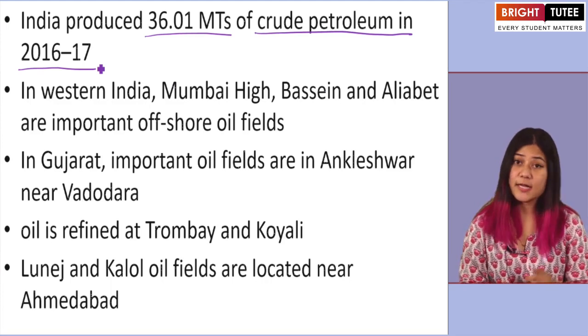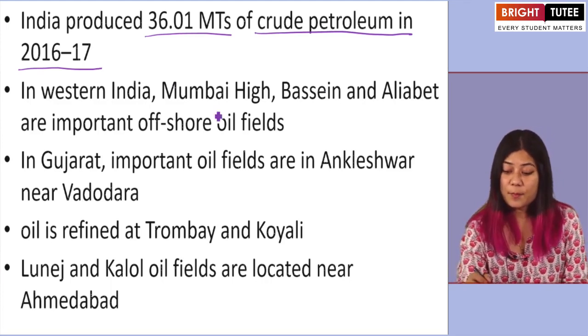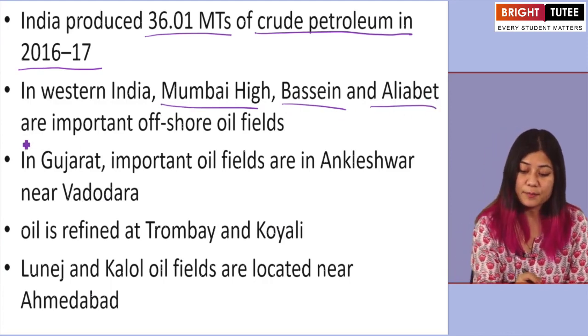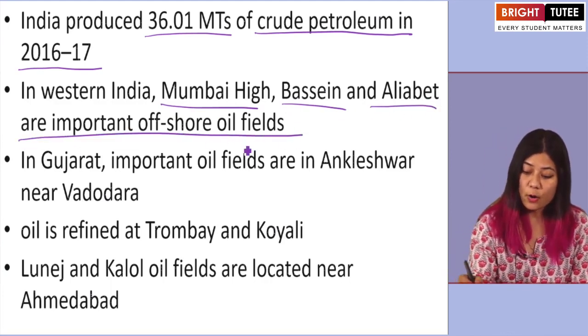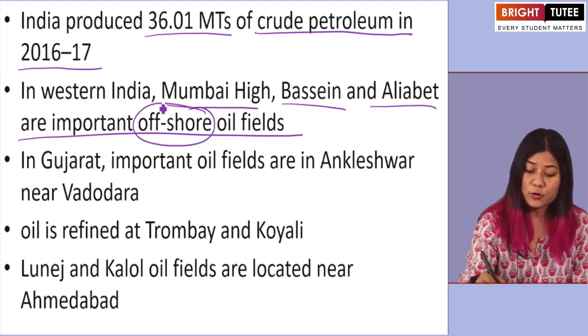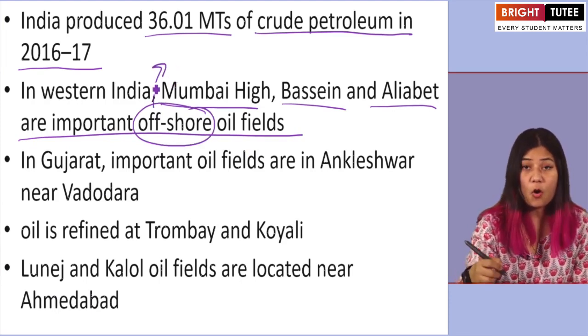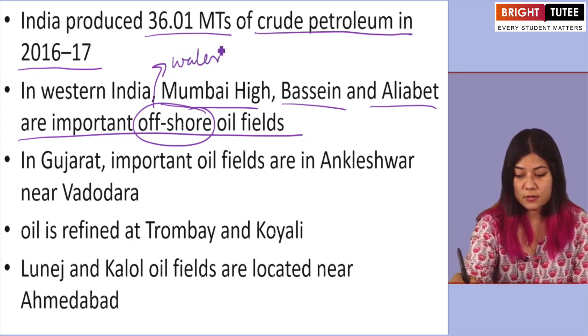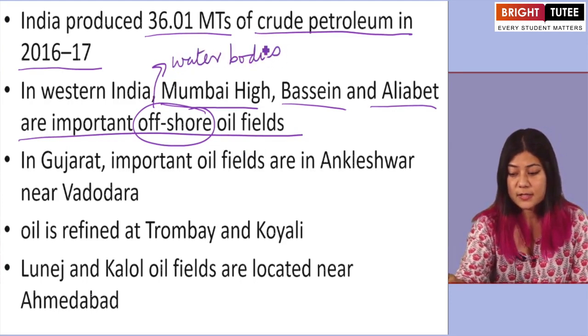In the western part of India, Mumbai High, Basin and Alia Belt are important offshore oil fields. Offshore meaning off the shore, so this must be in the water bodies, in the sea.